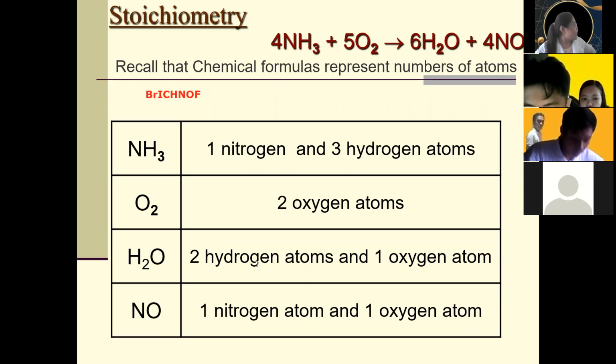You know water, H2O. And for the nitrogen monoxide, you have one nitrogen and also one oxygen atom combining. So do not forget the subscripts there represent the number of atoms. In case you don't see a subscript, it's automatically 1. Just like for nitrogen in ammonia, we don't have a subscript there, so it's automatically 1 atom of nitrogen.